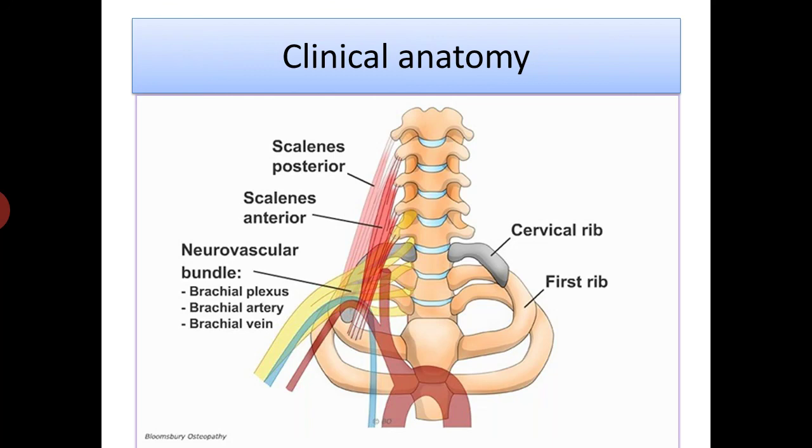This will give compression to the trunk of the brachial plexus, and that is why neuropathic symptoms will be seen, as well as subclavian arterial occlusion. There are trophic changes that occur over the hand and the arm of the patient. That is called symptoms related to thoracic outlet syndrome, and that is because the costal element of the seventh vertebra forms the cervical rib, the extra rib present from the cervical vertebra.